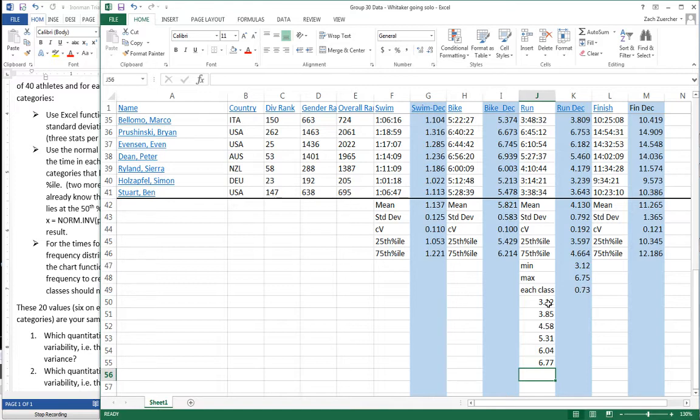All right, we're good. So 3.12 is where our minimum is. We went up 0.73 from there. 1, 2, 3, 4, 5. And so our top class is going to end at 6.76. All right. So 1, 2, 3, 4, 5. That's where we're starting. The first class is going to be 3.12 all the way up to, and if the second one's starting at 3.85, let's take this one up to 3.84. Then 3.85 up to 4.57.